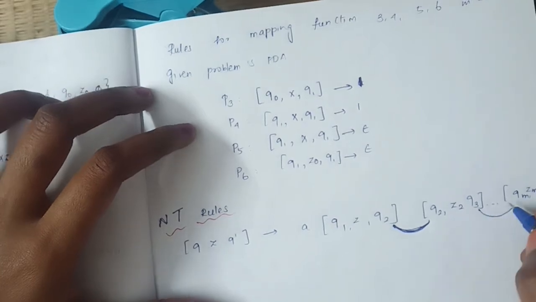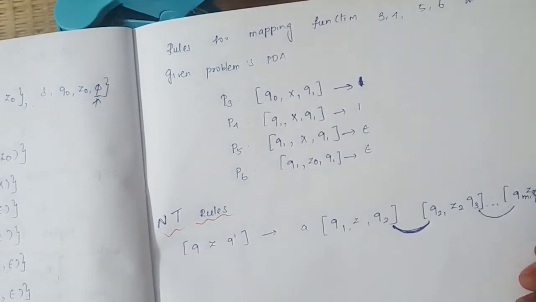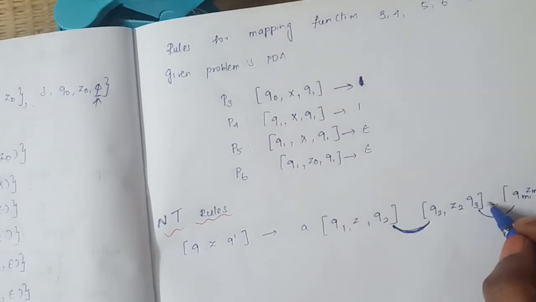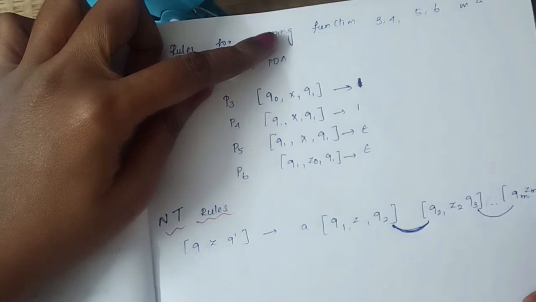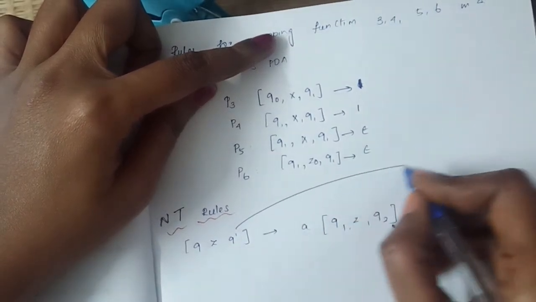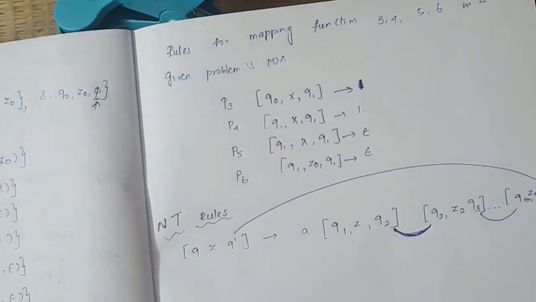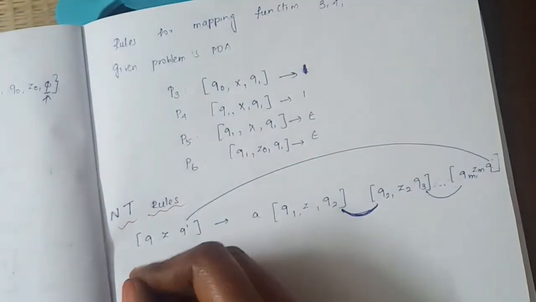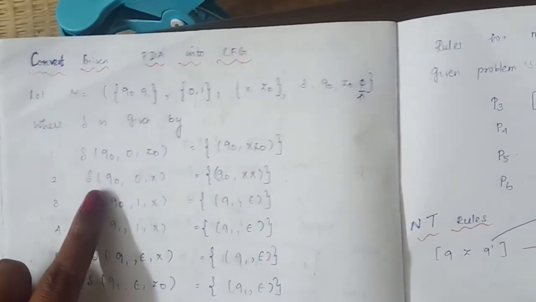The next term will start from Q3, and the previous term ended with Qn, etc. And it should be matched with this one, so Q dash will be matched with this Q dash. So for this we'll have two rules for mapping function 1 and 2, and we have to generate them.